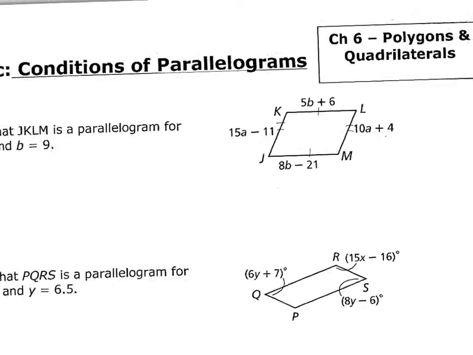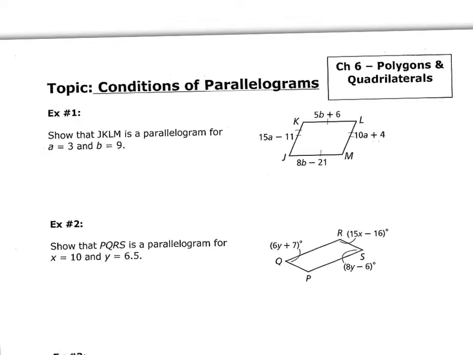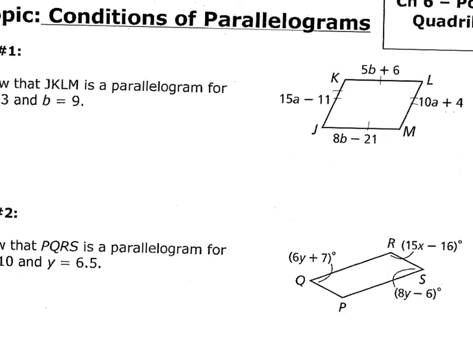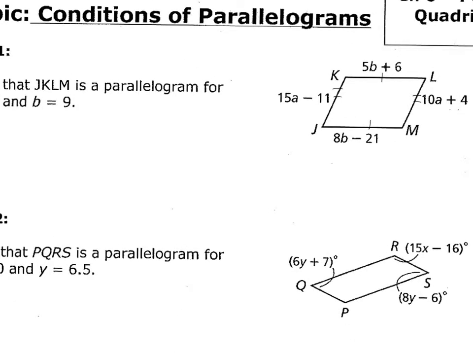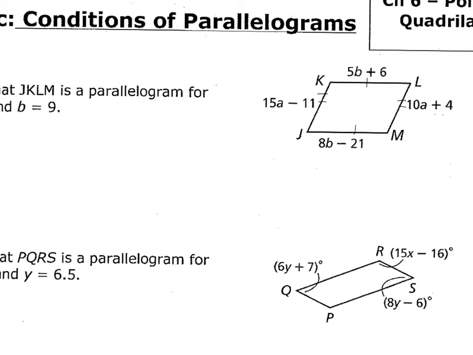Let's go ahead and plug in the A's for the A section, and they both need to be congruent. So we have 15A minus 11, and we're going to plug in a 3. So 15 times 3 minus 11, and 15 times 3 is 45, and minus 11 is 34.